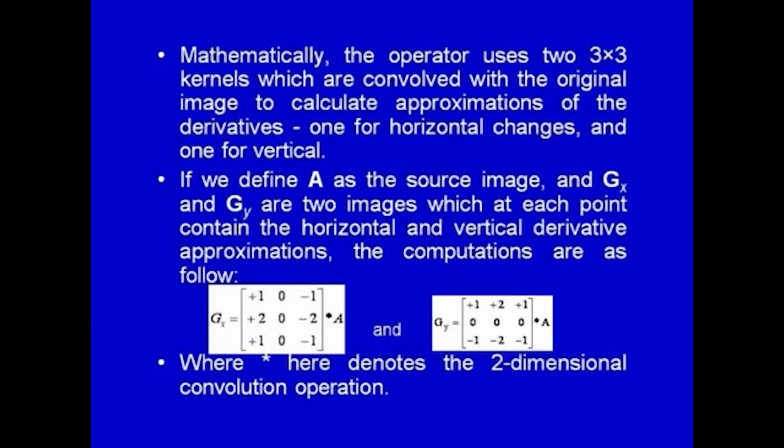G x is a 3 by 3 matrix with elements plus 1, 0, minus 1, plus 2, 0, minus 2, plus 1, 0, minus 1, convolved with the source image A, and G y is a 3 by 3 matrix with elements plus 1, plus 2, plus 1, 0, 0, 0, minus 1, minus 2, minus 1, convolved with the source image. Here the star denotes the two dimensional convolution operation.